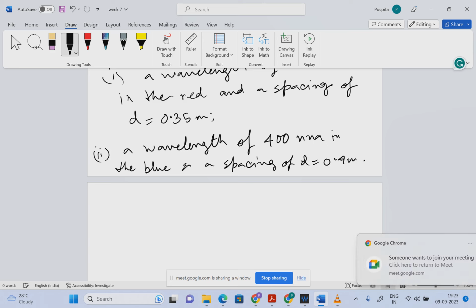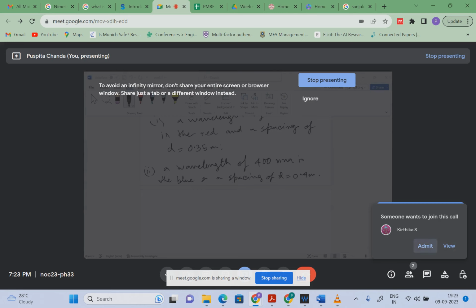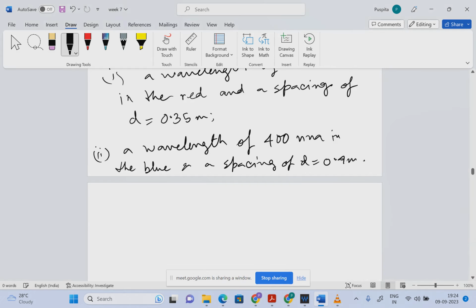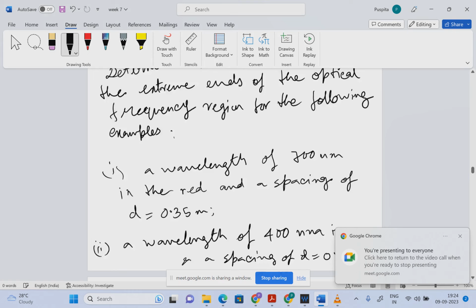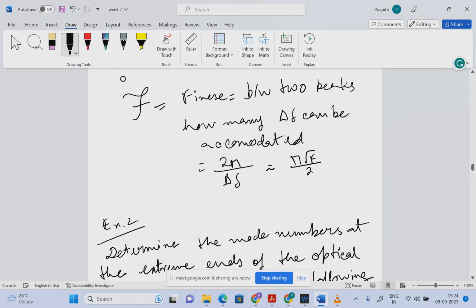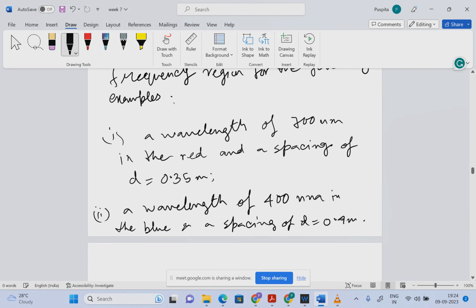So the optical frequency range they consider is from blue to red.